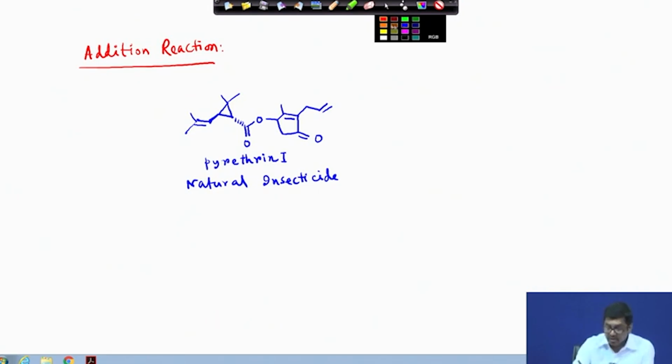Another cyclopropane ring containing bioactive product is this one.